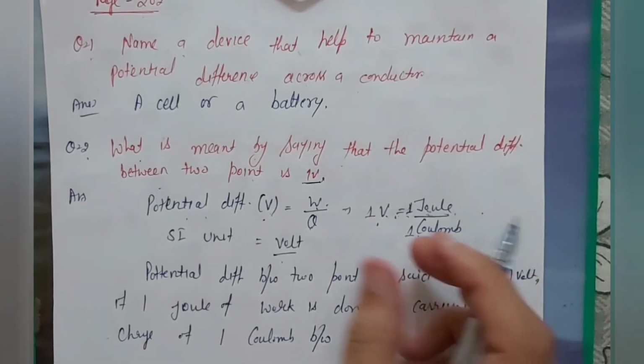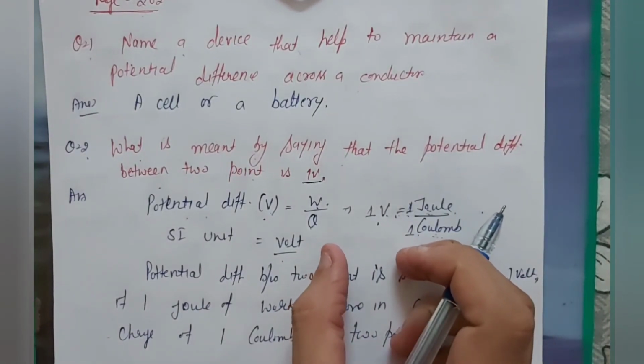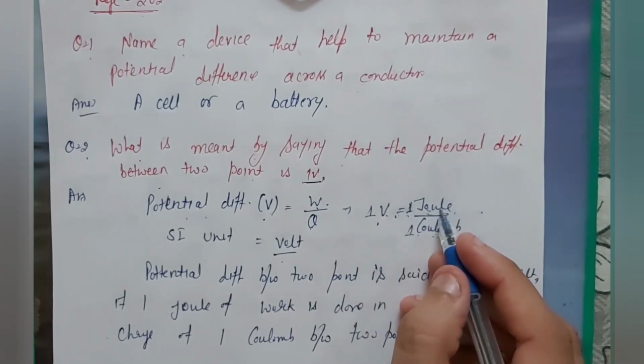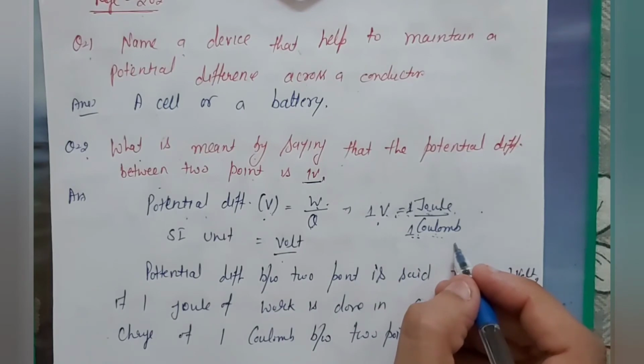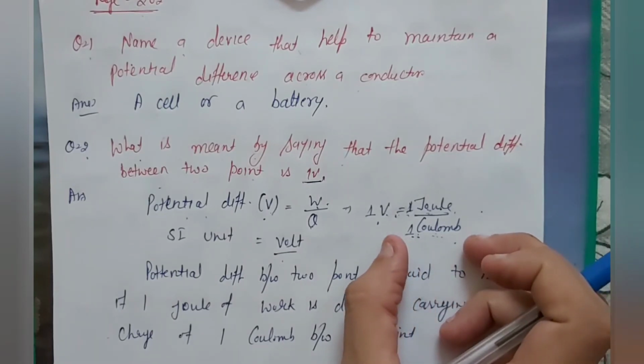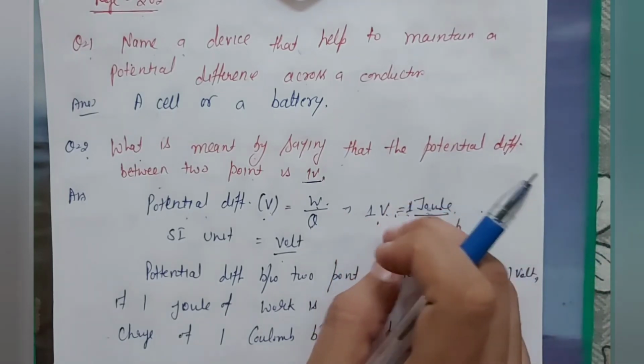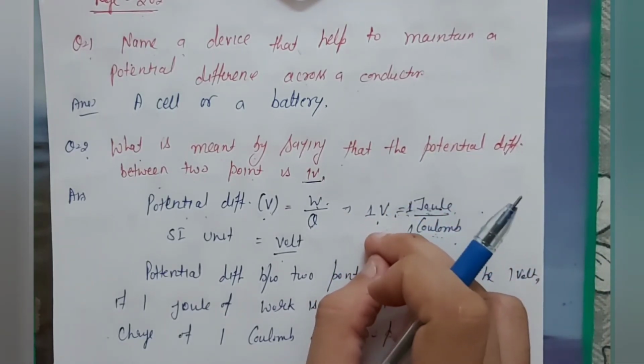So dear students, when we say that potential difference is 1 volt, it means 1 joule of work done is needed to move 1 coulomb of charge. That means when we do 1 joule of work to move 1 coulomb of charge, this is known as 1 volt.